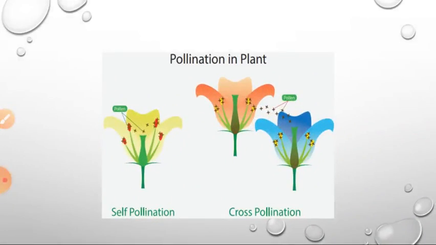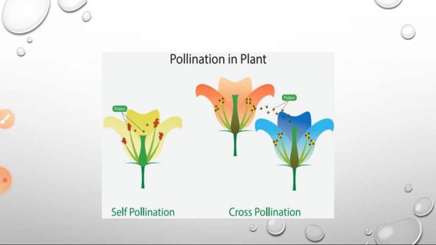So this is called self-pollination and this is called cross-pollination. In self-pollination, the pollen grains reach the stigma of the same flower. But in cross-pollination, the pollen grains reach the stigma of another flower, but of the same variety.